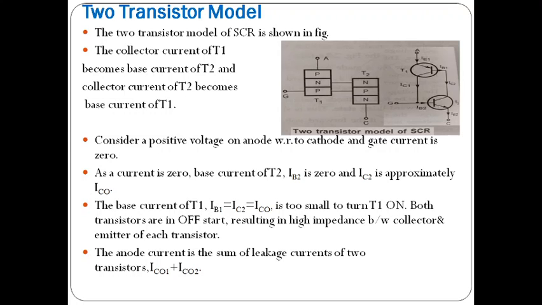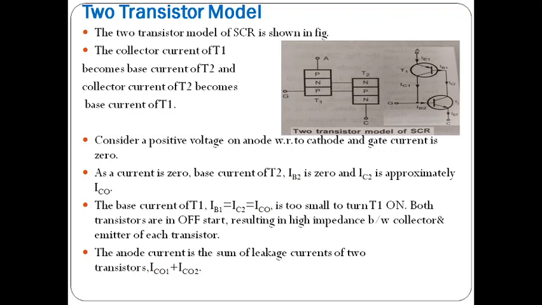In this we are using a PNP and an NPN transistor. You can observe in the diagram here. The left one is a PNP transistor and the right one is an NPN transistor. The collector current of transistor T1, the PNP transistor, becomes the base current of transistor T2, the NPN transistor, and the collector current of T2 becomes the base current of T1.